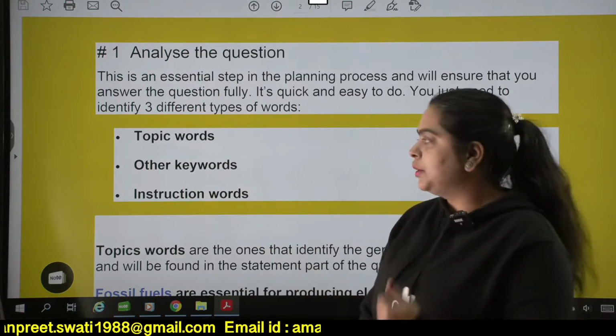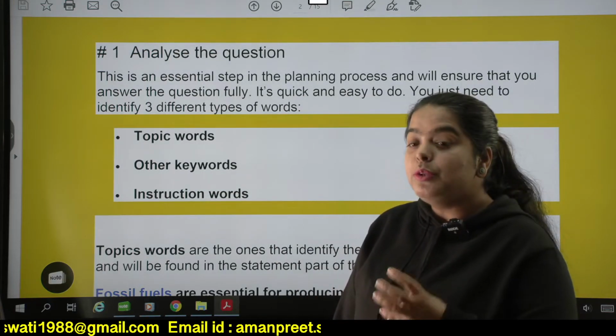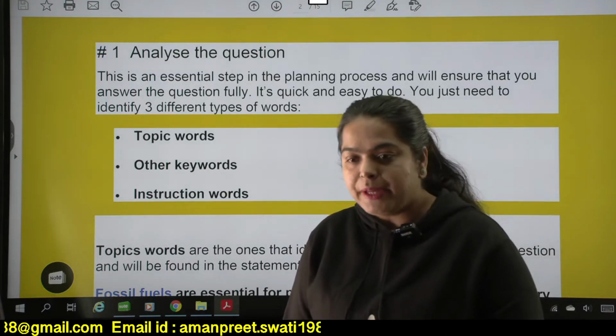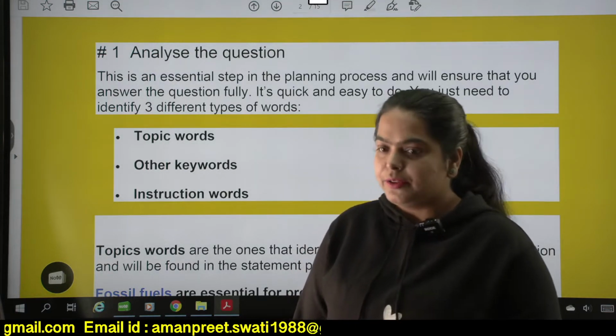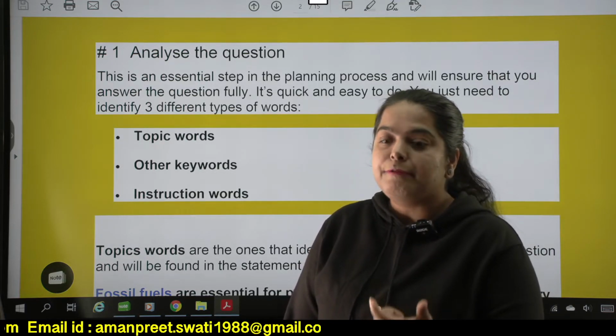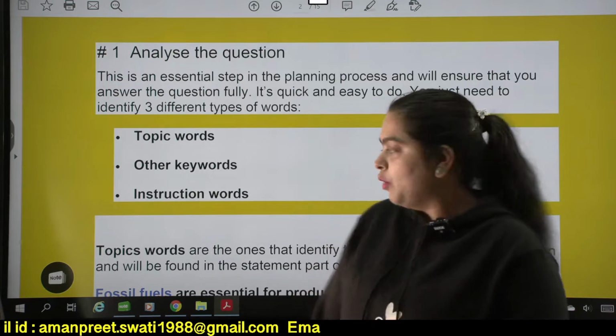I repeat, topic words, instruction words, and other keywords. You need to identify these three types of keywords from the statement and the questions in front of you in the form of your essay writing topic.